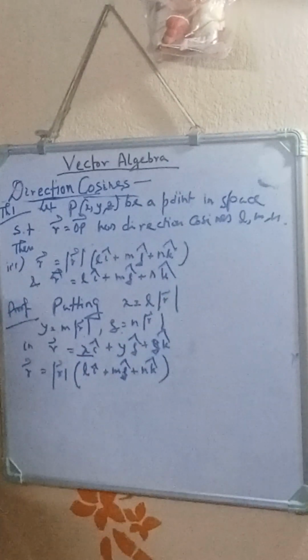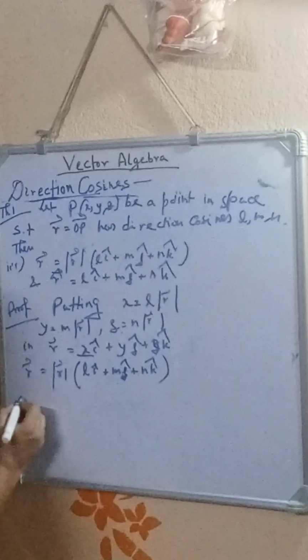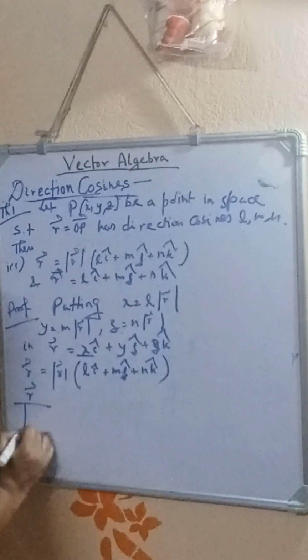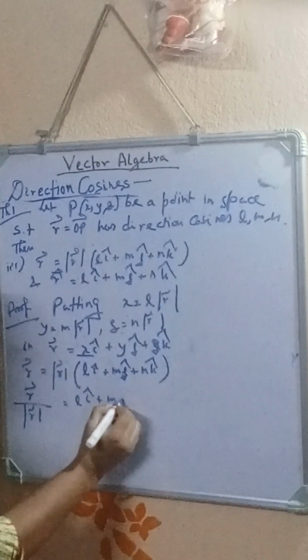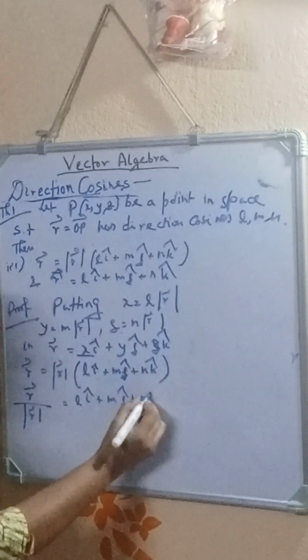We get this. Now r vector by modulus of r vector equal to l i cap plus m j cap plus n k cap.